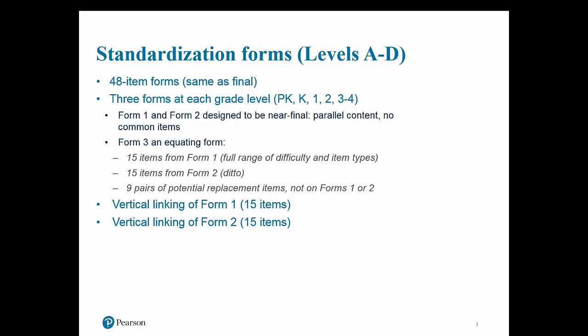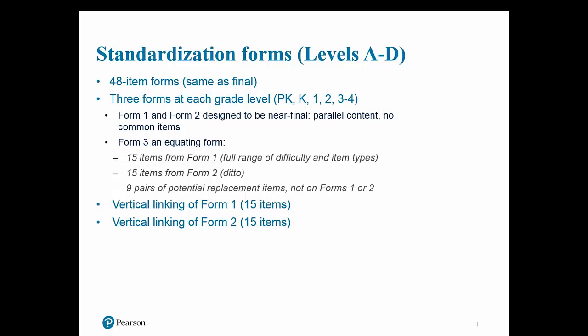Form 3 was an equating form, and it included 15 items from Form 1, 15 items from Form 2, and each of those sets of items was a representative subset of the items on Form 1 or Form 2. And then it also included 9 pairs of items that are not on Form 1 and Form 2 that were essentially backup or potential replacement items in case any of the items on Form 1 or Form 2 did not work well enough to be included in the final form.